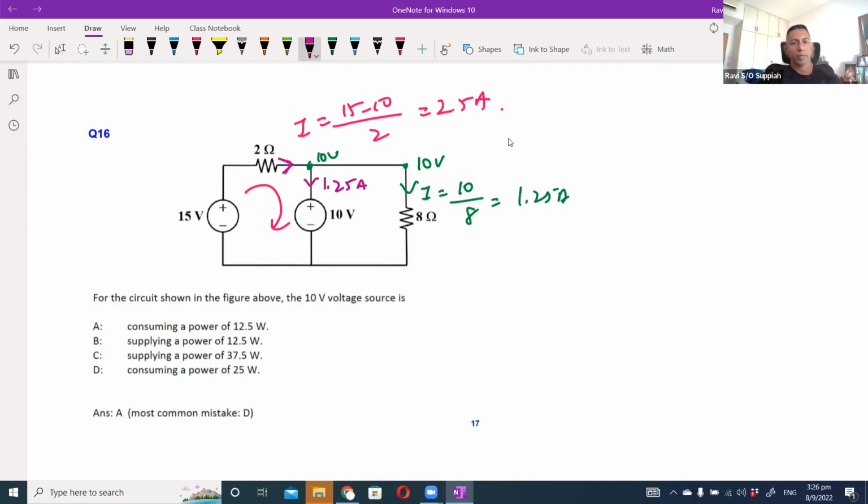With that we can say that it is consuming power, and the power consumed is I times 10, which is 1.25 multiplied by 10, which is 12.5 watt. The answer here is A, consuming a power of 12.5 watt.